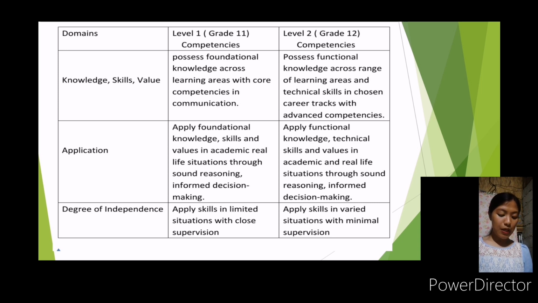In the third domain, degree of independence, level 1 applies skills in limited situations with close supervision. In level 2, we can apply skills in varied situations with minimal supervision.